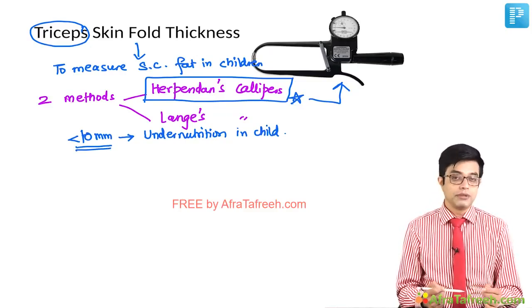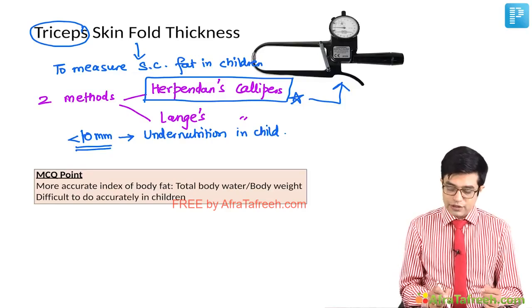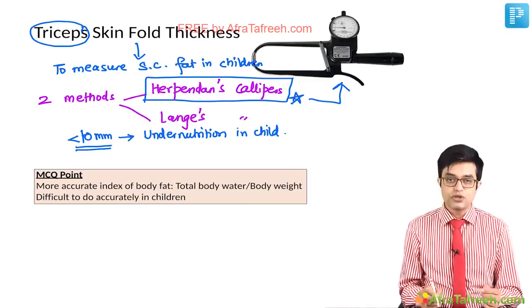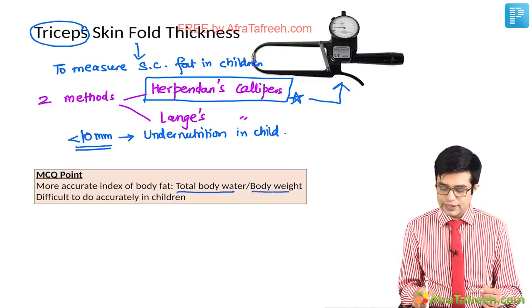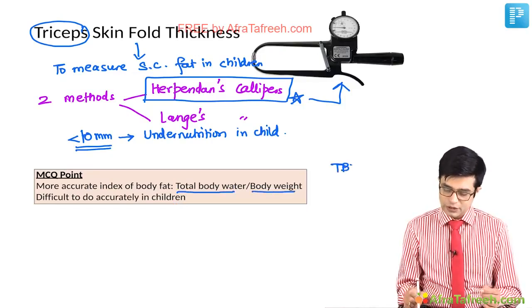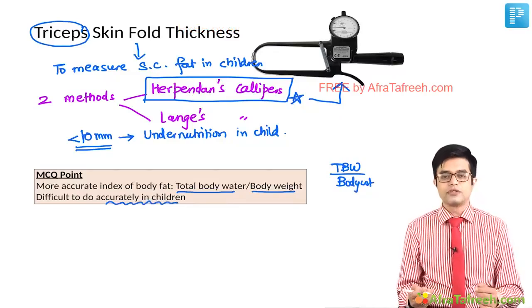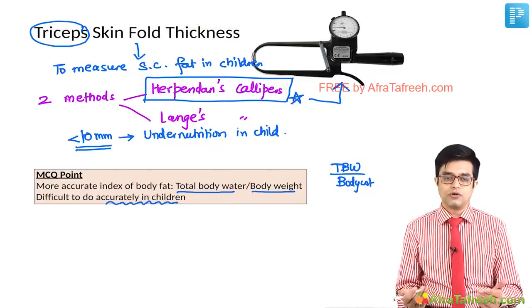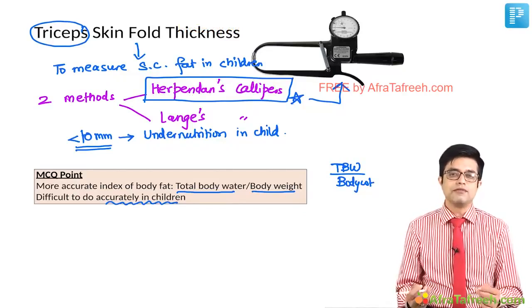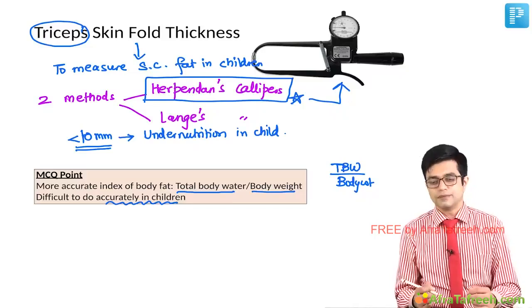Now another point to remember here is that a more accurate index of body fat is a ratio of total body water divided by body weight, that is TBW divided by body weight. However, it is difficult to do accurately in children, and so it is not very frequently performed. So what we do is the triceps skin fold thickness measurement.